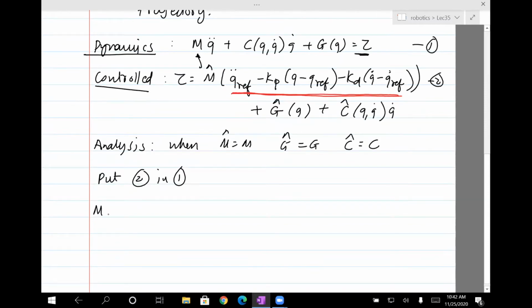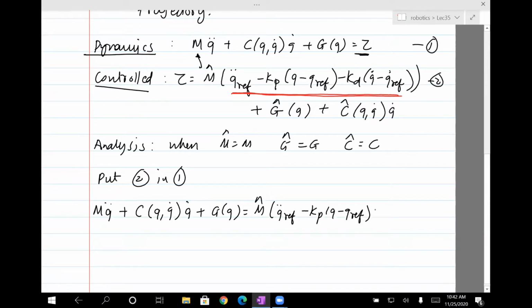So we have m q double dot plus c q dot times q dot plus g q equals m hat (q double dot ref minus kp (q minus q ref) minus kd (q dot minus q dot ref)) plus g hat. Well, g hat and m hat are g and m, so I'm just going to eliminate the hats.